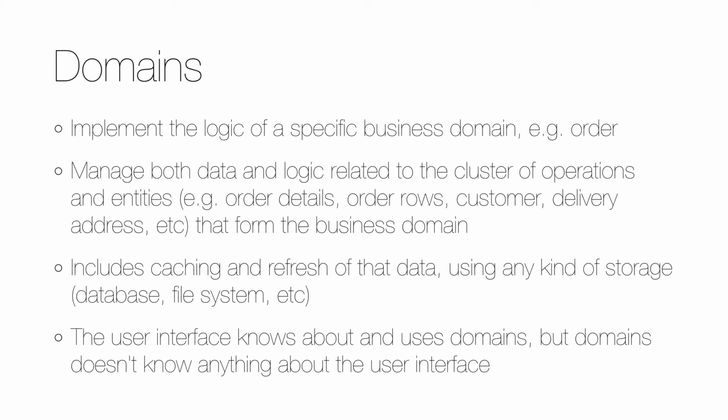Domains will manage both the data and the logic related to the cluster of entities and operations that form the business domain. This also includes the caching and refresh of that data using any kind of storage, which could be a database or the file system. The user interface uses domains to get the data and the logic they implement, but domains don't know anything about the user interface.